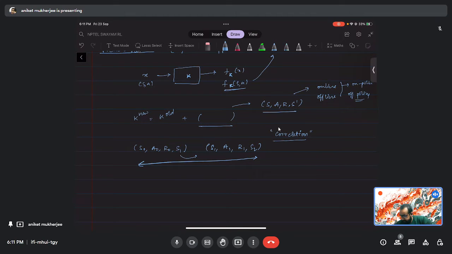Given a policy, there could be a stationary distribution. In the last tutorial, you understood what a stationary distribution for an MDP is, right?